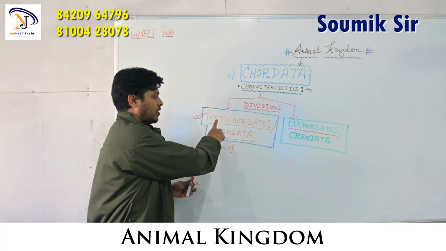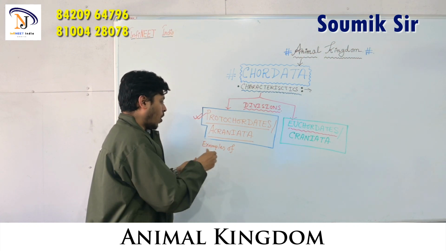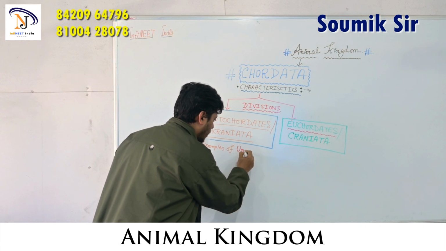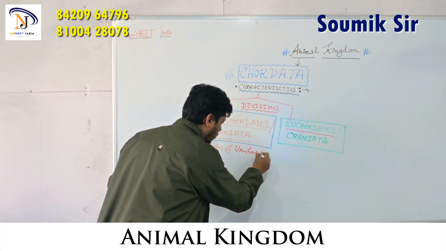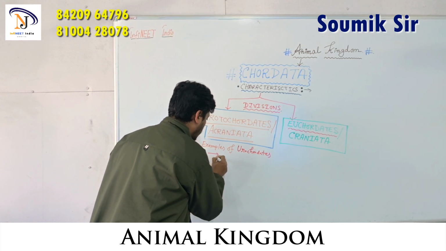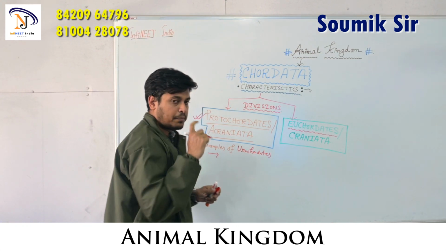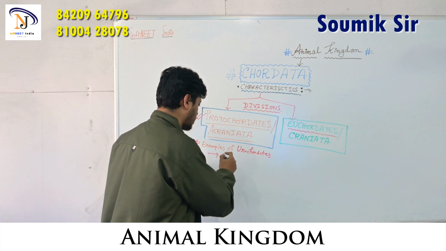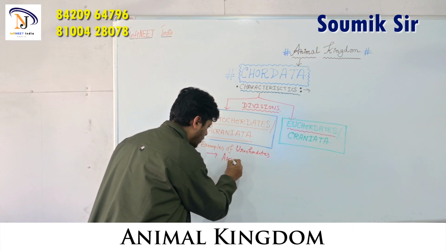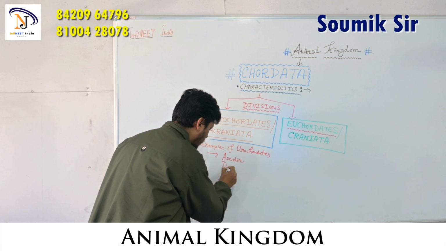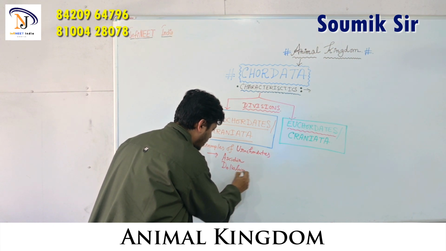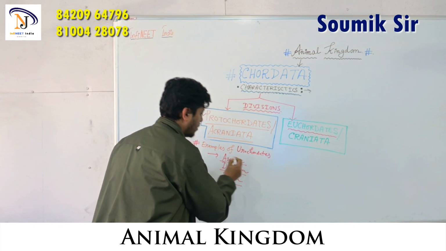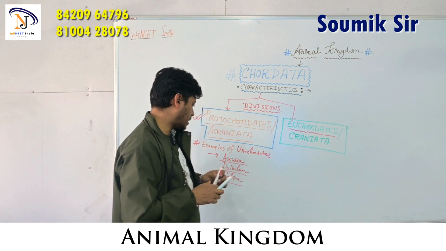The first subphylum of protochordates, you remember, is urochordates. The examples of urochordates are one of the most important NCERT based questions of NEET. Examples of urochordates are Ascidia, Doliolum and Salpa. Three examples from the NCERT biology textbook.